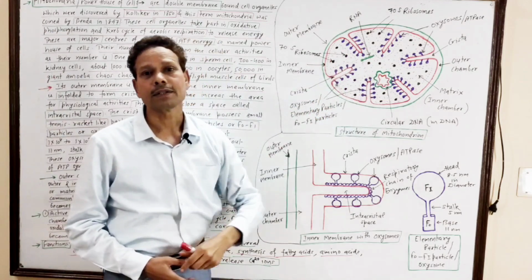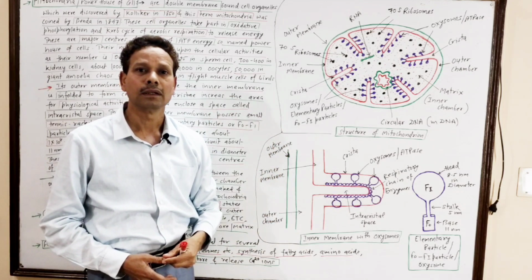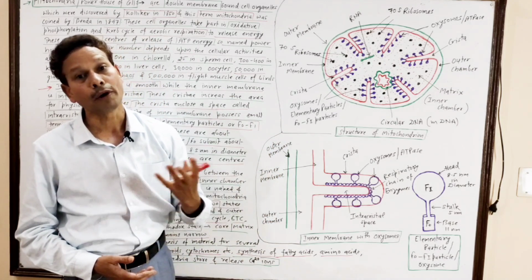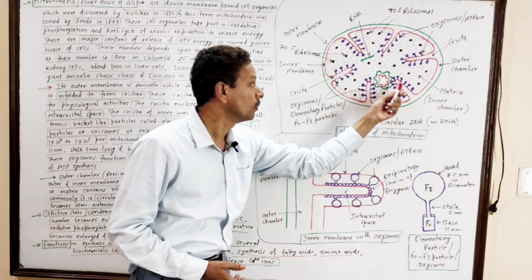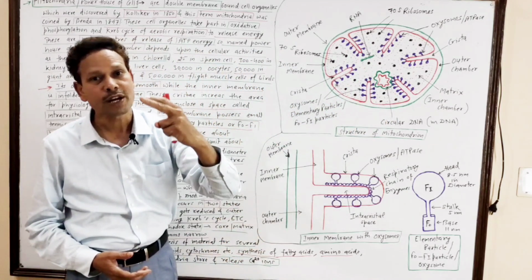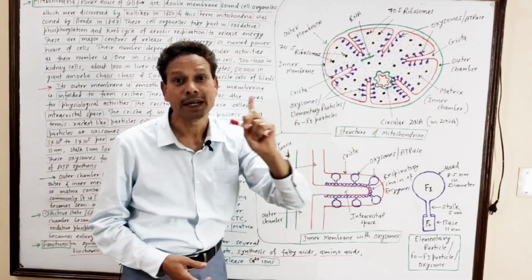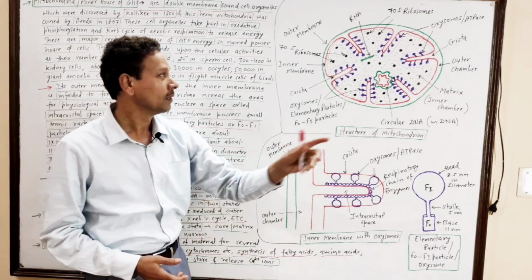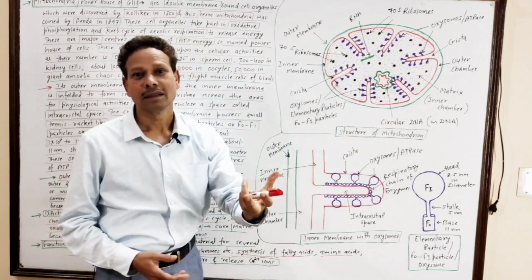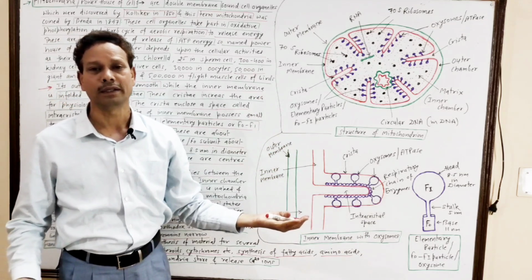Here in this matrix or inner chamber, several molecules like carbohydrates, proteins, and RNA molecules are present, as well as, note down here, the important point, double-stranded circular DNA. This naked circular DNA makes the mitochondria a semi-autonomous cell organelle.